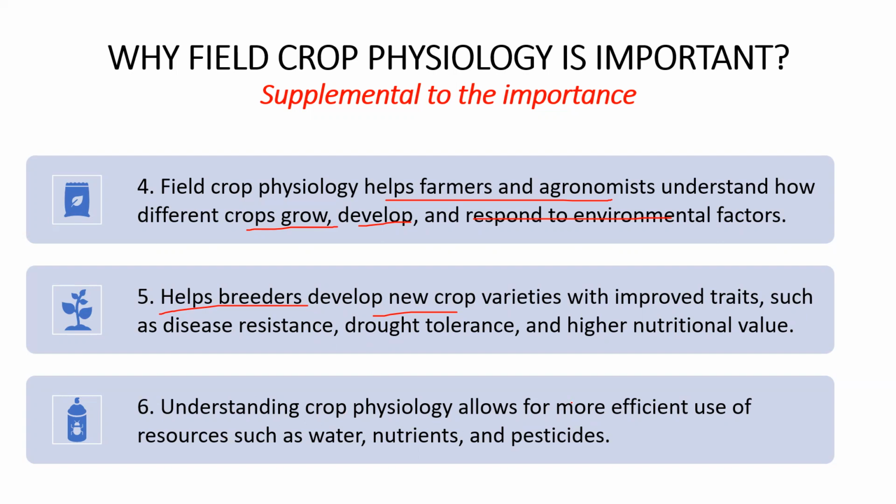And then, for more efficient use of resources, we need to understand crop physiology. Because we should understand how much water our plants need and how many nutrients our plants need, okay? And how do our plants survive when we apply pesticide? Or how are the internal organs of our plants changed once we use pesticides?